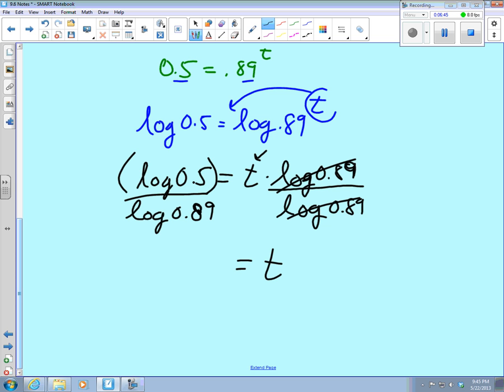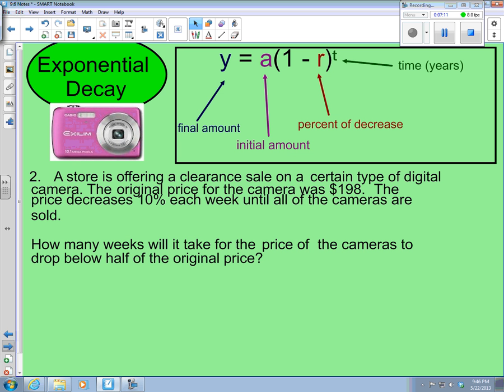Take the common log of 0.5 in parentheses, and then divide it by, in parentheses, the common log of 0.89. You should get 5.95 hours. So basically 6 hours it takes for this caffeine to go from 130 milligrams down to half, which is 65 milligrams. And that's kind of what we're working with today, children.